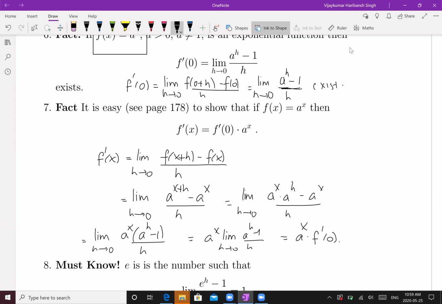What it is, we don't know yet, but we'll know it soon. Actually, later on, you'll see that f prime of 0 is ln of a. But for now, I'm just keeping it hidden here.